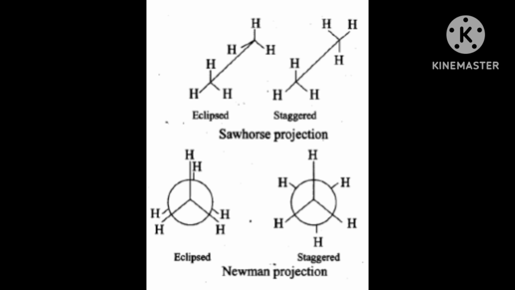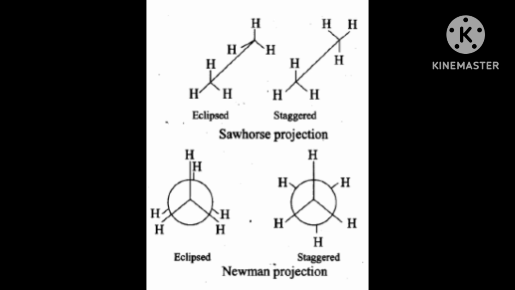That situation is eclipsed, because both are front to front, and there is a rod you can see. And in the other, the rod you can see, but they are making the maximum distance apart, and that is actually staggered.